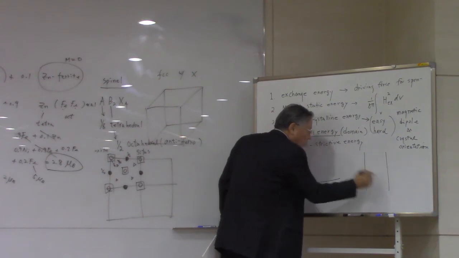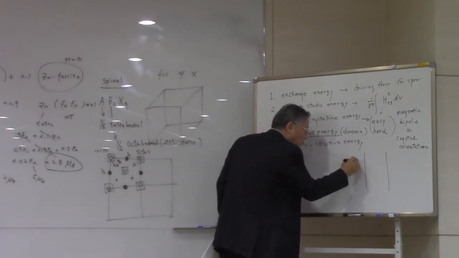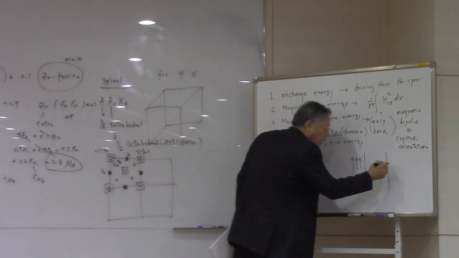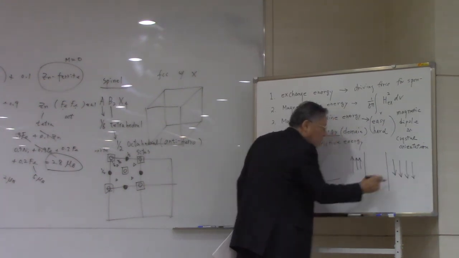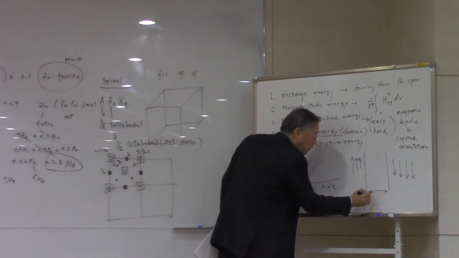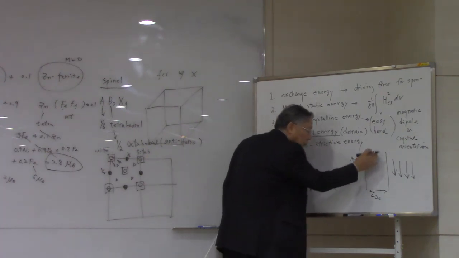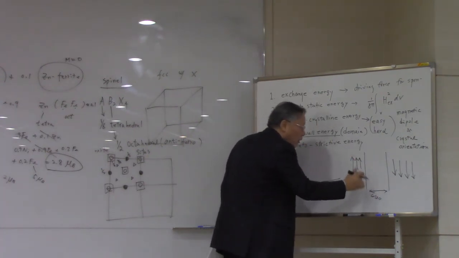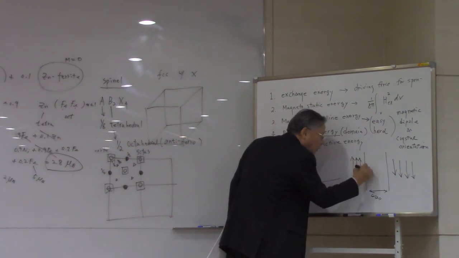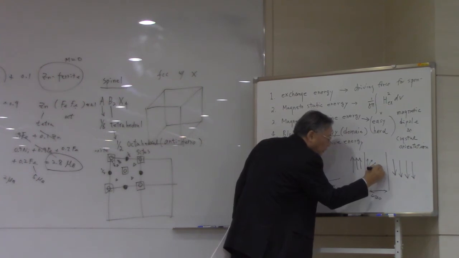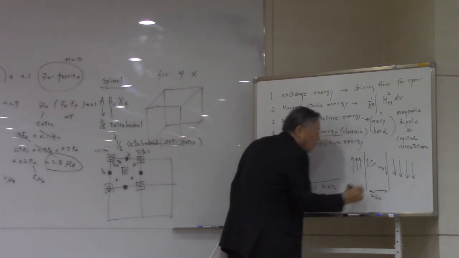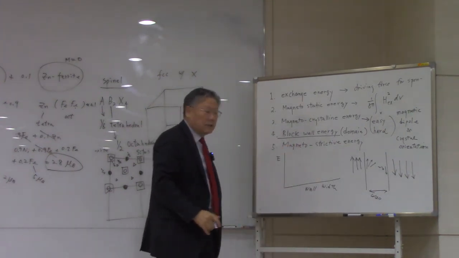If this domain has an orientation like this, and this domain has an orientation like this, then inside this domain wall, the orientation of the magnetic field is going to rotate something like this.